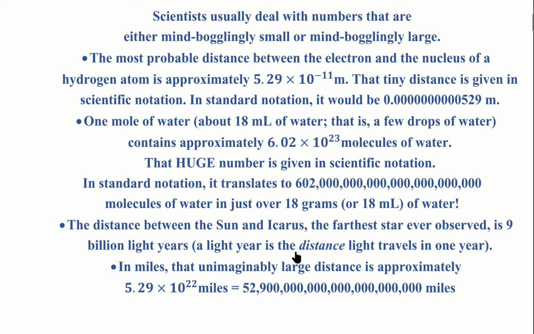So if we were to convert the light years into miles. Now, if you write that in standard notation, it would look like this. So think of it as 52,900 billion miles, okay?